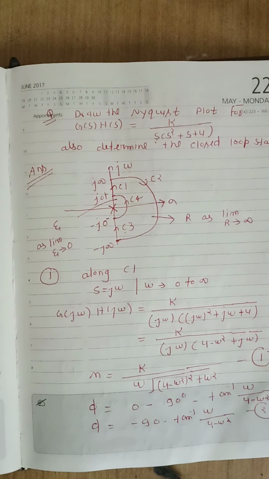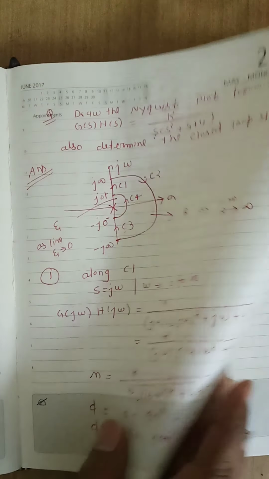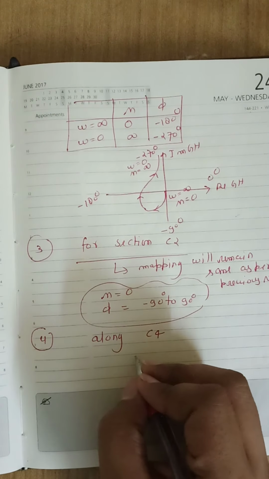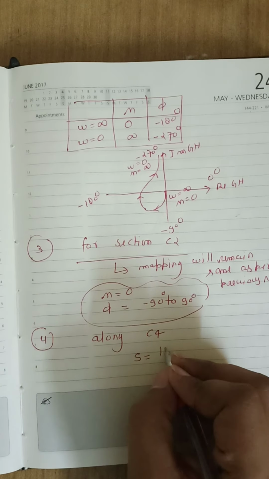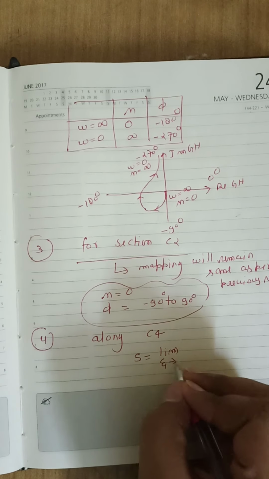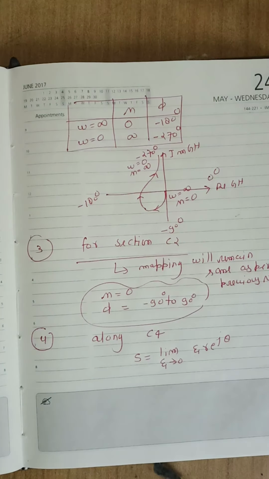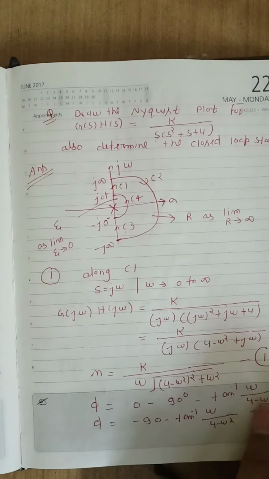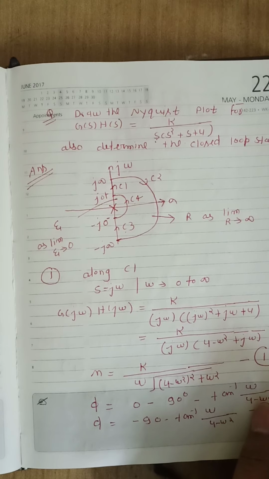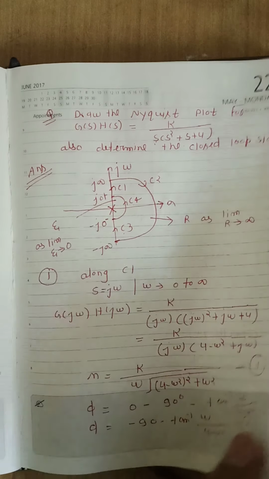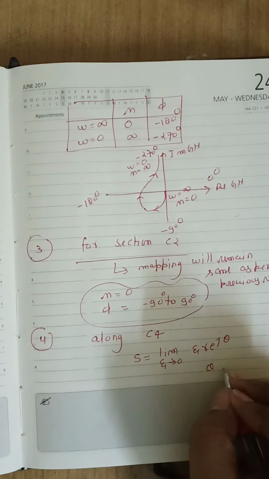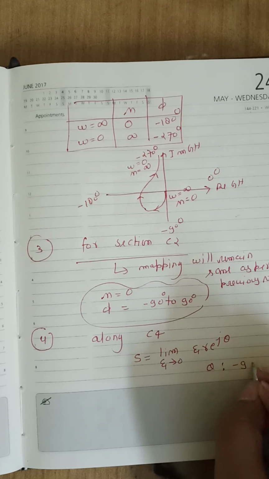So how can we map C4 from the S plane to the GH plane? We can map according to S equal to limit epsilon tends to 0 of epsilon e to the power j theta, and here theta will vary from minus 90 degree to plus 90 degree.